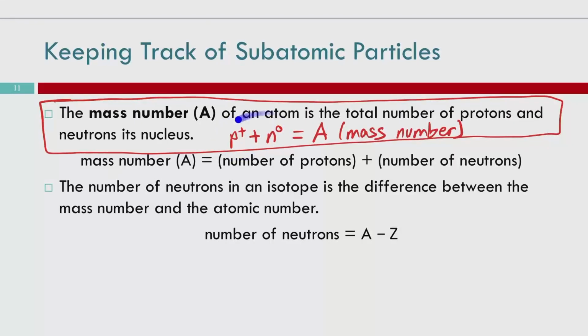And we can use that in combination with our Z number to figure out how many neutrons we have. So if we know our A value, our mass number, if we know our Z value, our number of protons, that can help us get our number of neutrons.